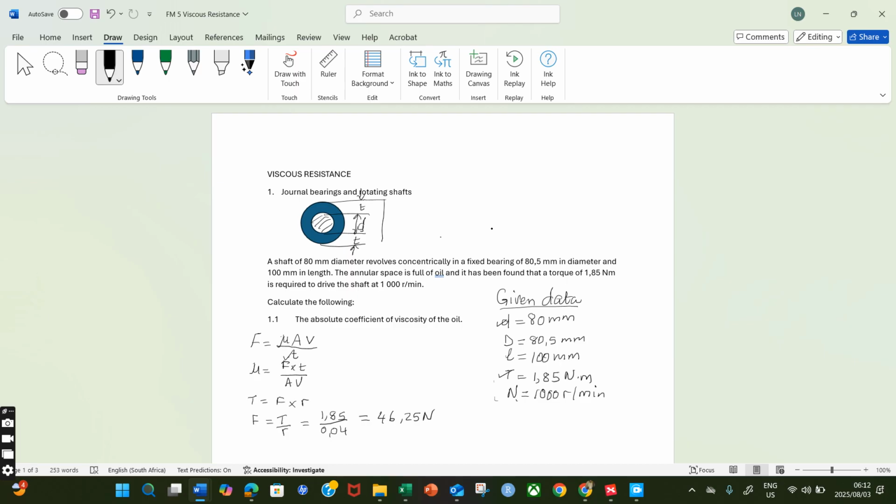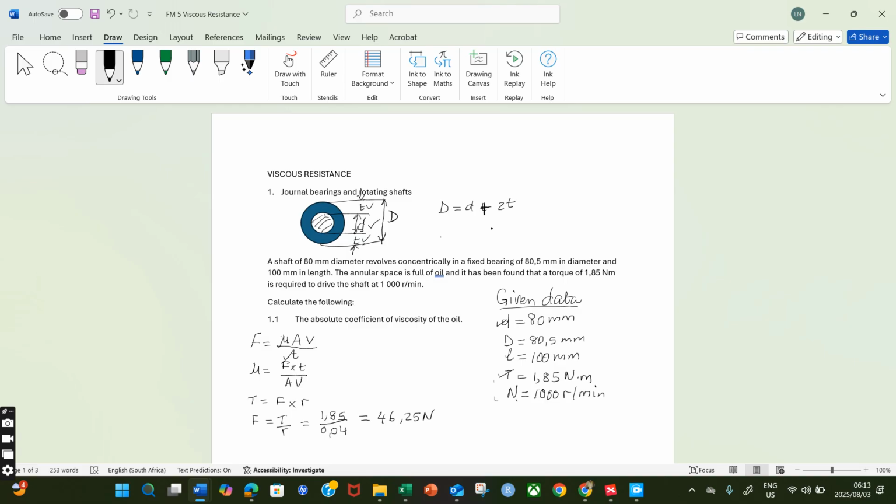Meanwhile, the whole of this is the internal diameter of the bearing. When you look at this, you'll see that the big D, the internal diameter of the bearing, is the same as the shaft diameter plus 2 times T.